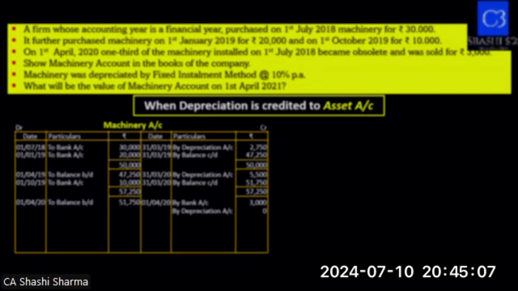But if the method mentioned in the question is written down value, then it becomes quite more difficult to calculate the profit or loss. In our question, the method used is straight line method. So first of all, we will calculate profit or loss.